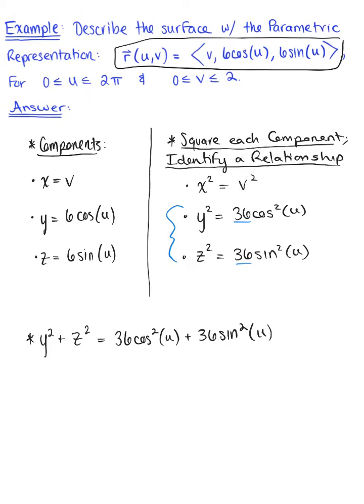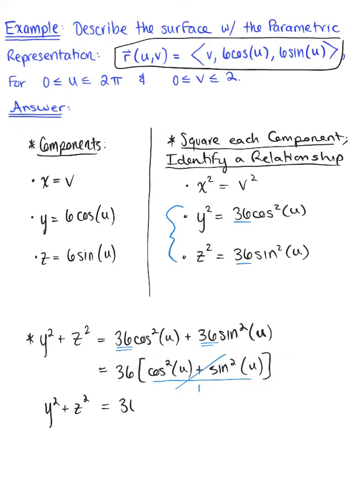And again, we see the greatest common factor of 36, so let's factor it out, which gives us 36 multiplied by cosine squared of u plus sine squared of u. And we're getting really excited here because we see there's the Pythagorean identity, which we know is equal to 1. So what this is leaving us with is that y squared plus z squared is equal to 36.